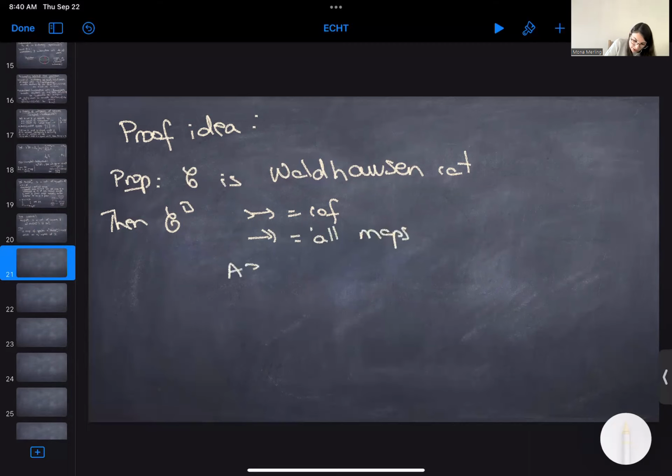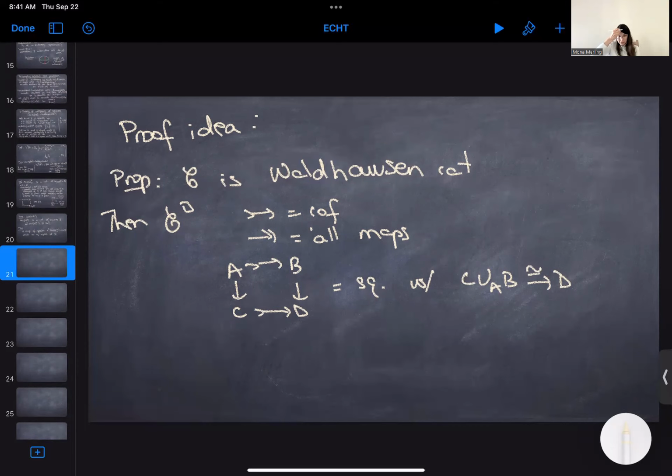And the squares, A to B to C to D, are going to be squares that are homotopy pushouts, where the map from the pushout is a weak equivalence. So this is how weak equivalences get encoded. The claim is that then this is a category with squares.